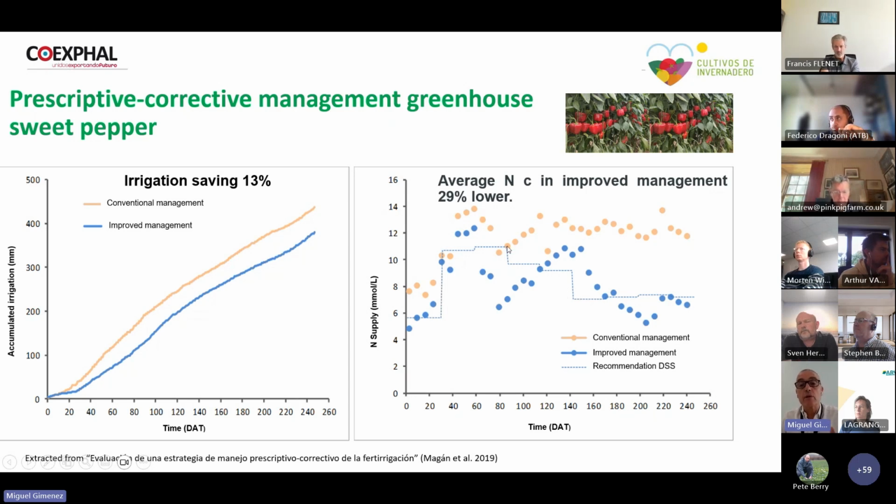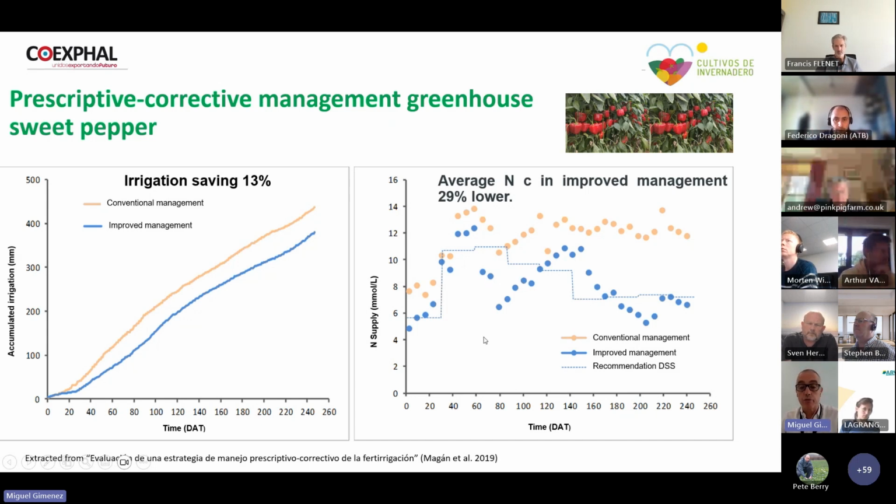So generally speaking, on average the nitrogen concentration in a conventional strategy is around 12-13 millimoles per liter, and in an improved management is certainly below 10.